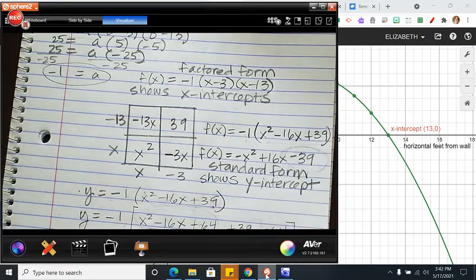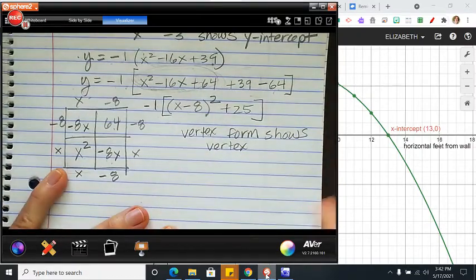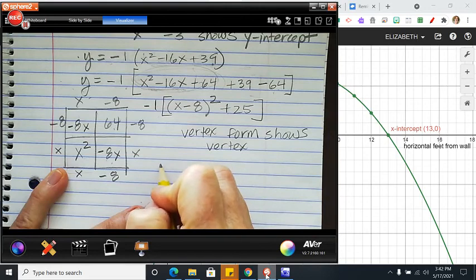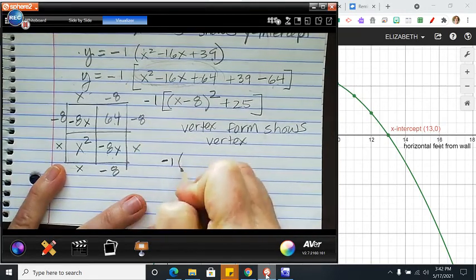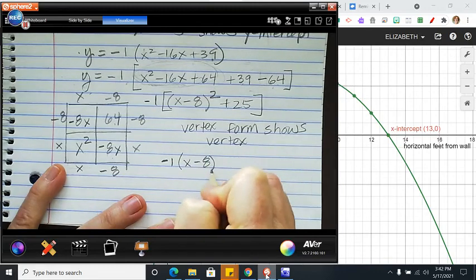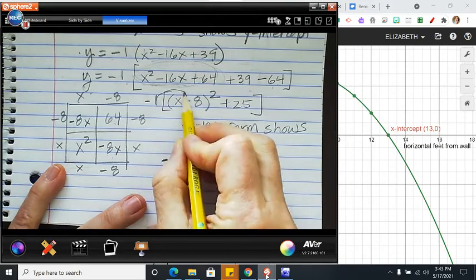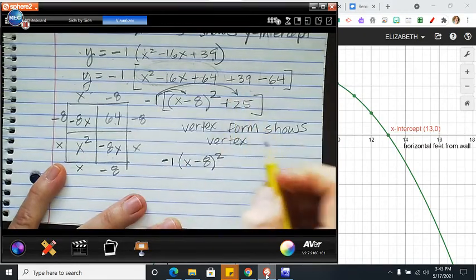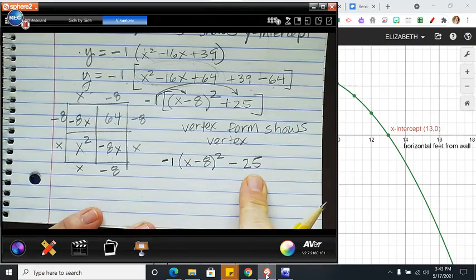Okay, so you could go a step further and distribute that negative 1. I'm still going to put it in front of the parentheses. That would give you negative 1 times x minus 8 squared, and then negative 1 times positive 25 is negative 25.